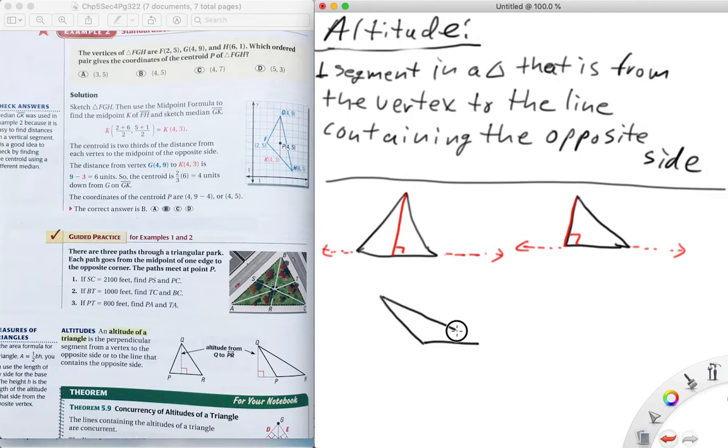And this is why we say the line containing the opposite side. Here's the opposite side.